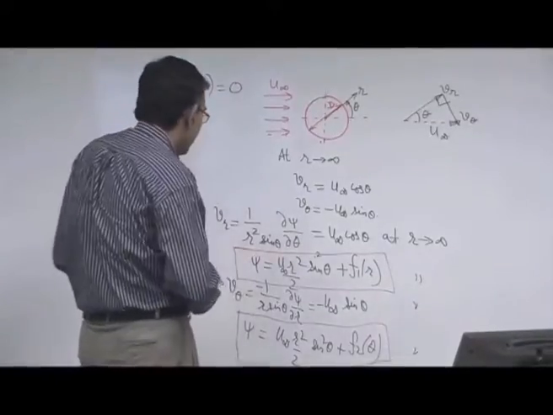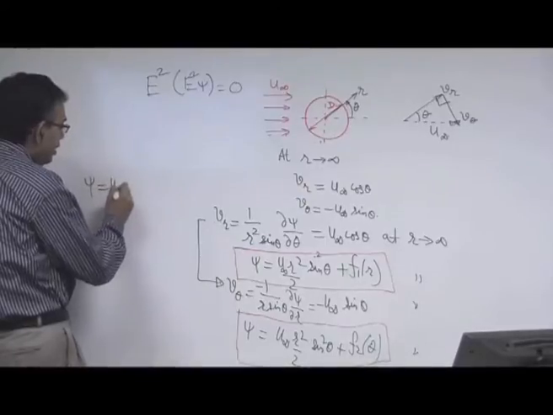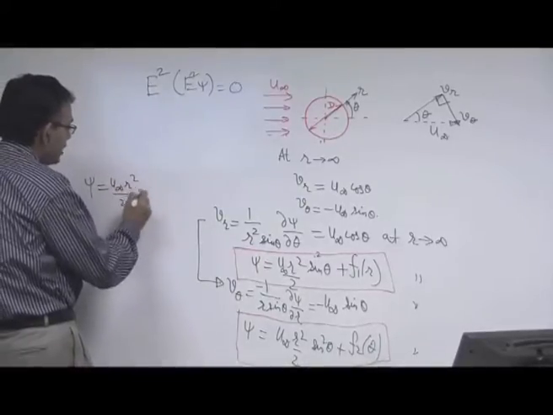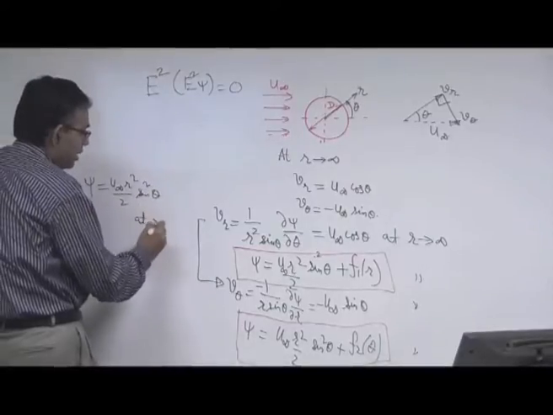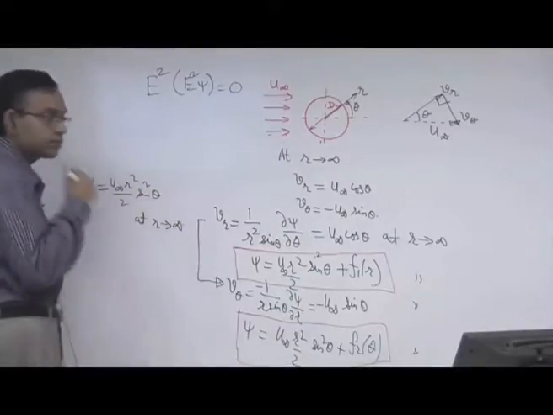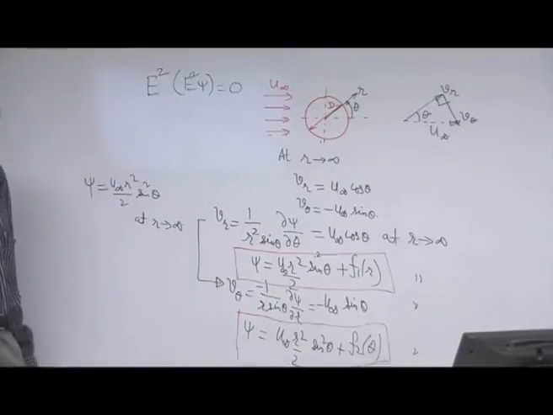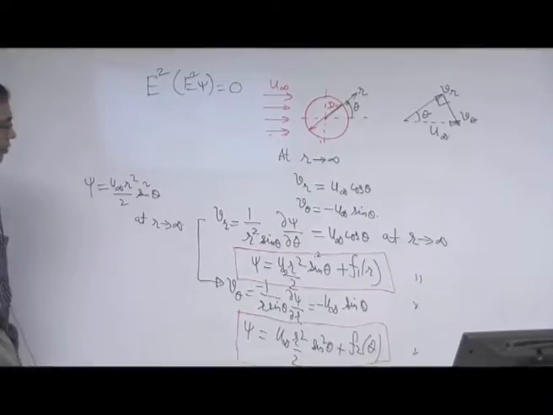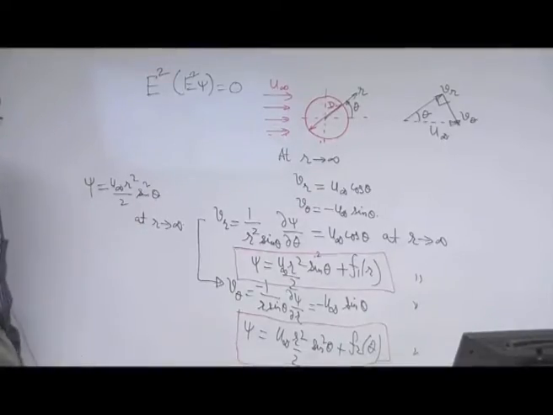Then you can write psi is equal to u infinity r square by 2 sin square theta at r tends to infinity.